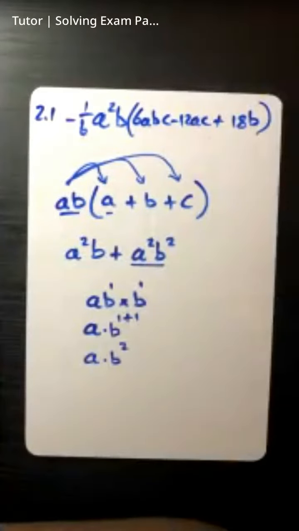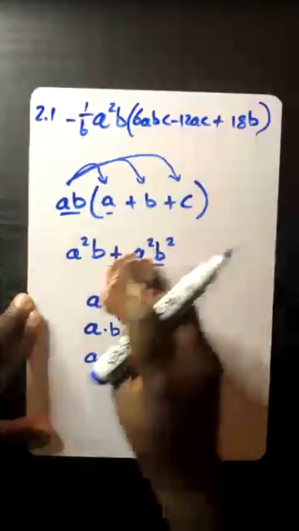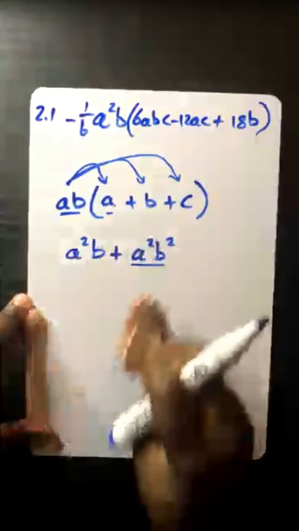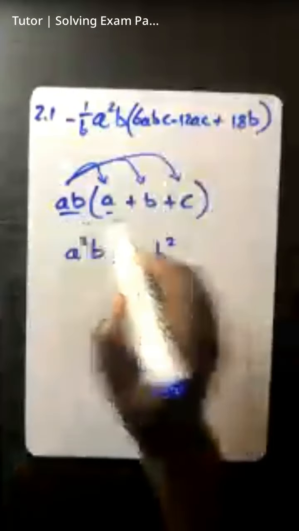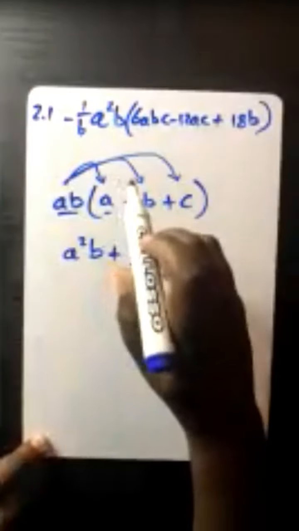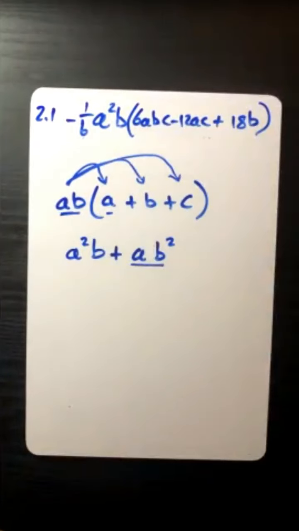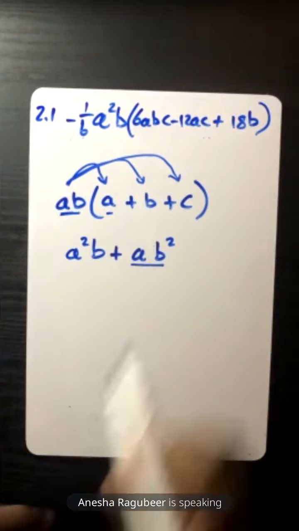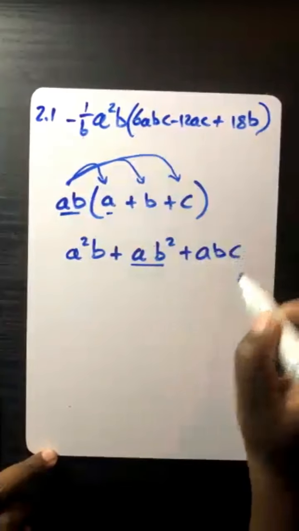Yes, sir. Okay, great. So now let's move on to that other part. So AB multiplied by C. What are we getting, Shreyas? We're getting, it will be plus ABC. It will be plus ABC.